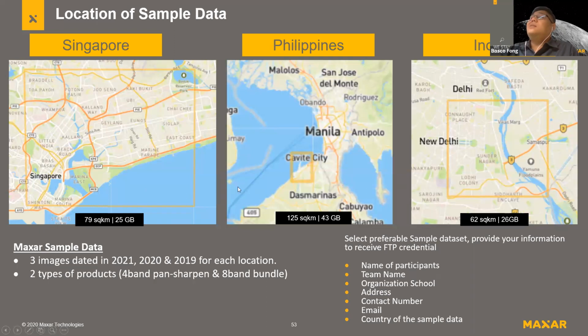You can now start to send the information to Jiren to request the sample data. When you request it, these are the pieces of information you need to provide, which is just for our records.